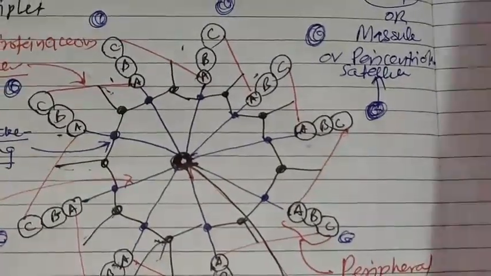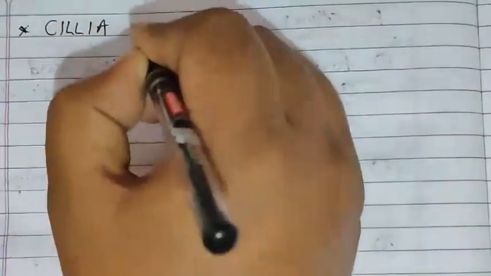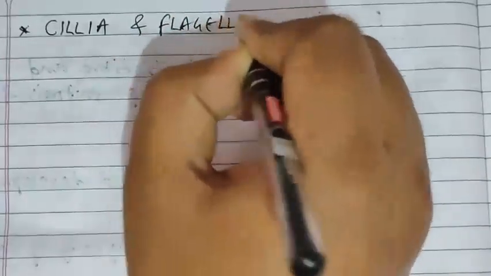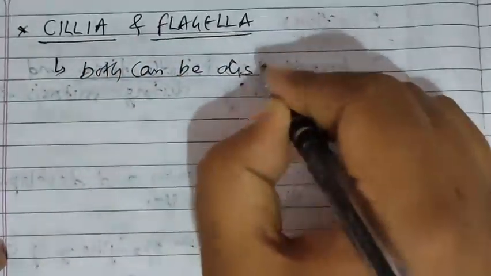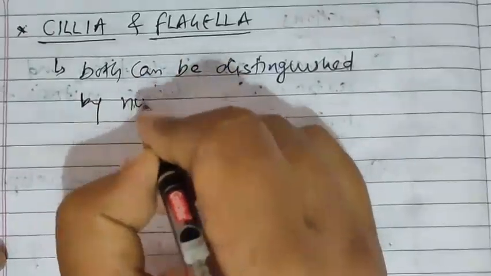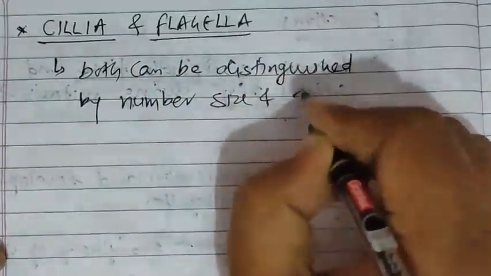Now next we start with cilia and flagella. When we talk about cilia and flagella, these are microscopic, identical structures, but even then both can be distinguished by number, size and function.